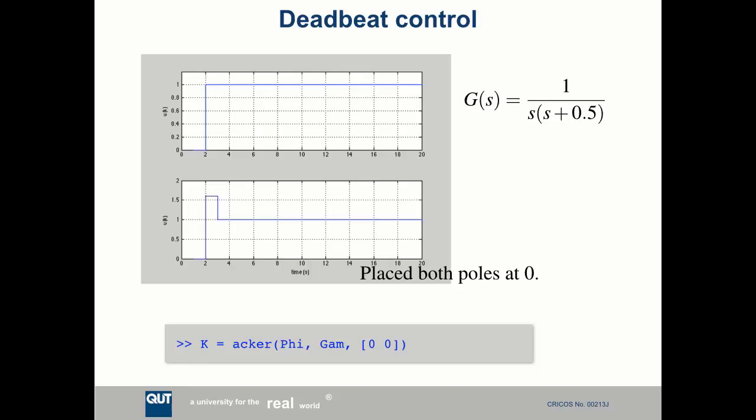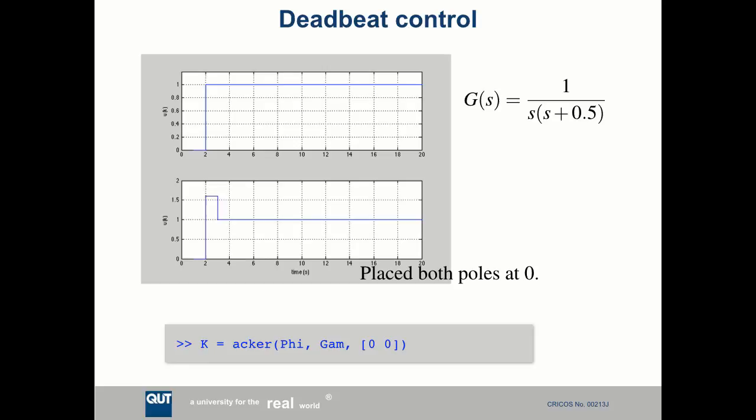So that's a trick that you can pull. You can turn a system with arbitrary dynamics into the dynamics that look like pure delay. A bit of a problem with a deadbeat controller is that it requires quite a large control input. So you can see there that the control input goes up quite high, to about 1.5.